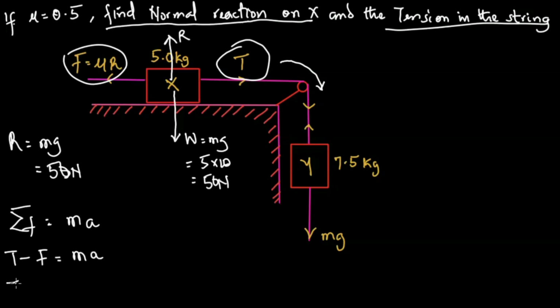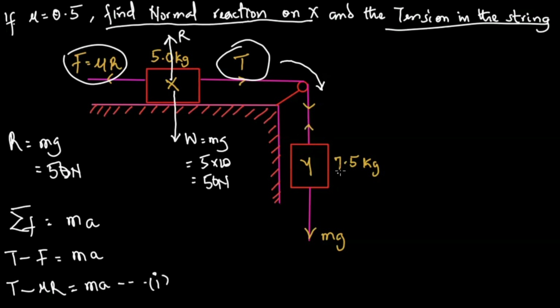So tension minus mu R, the frictional force, which is the coefficient of friction multiplied by normal reaction, is equal to ma. Let's call this equation 1.